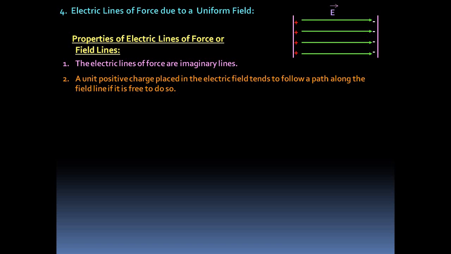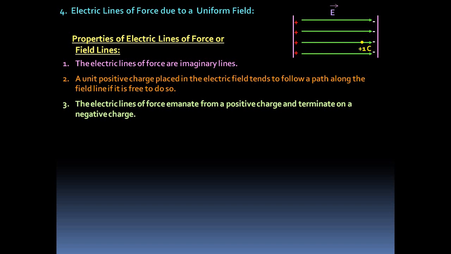If we take a unit positive test charge, then whatever path it follows will show the electric field lines. Number 3, the electric lines of force emanate from a positive charge and terminate on a negative charge. As was visible earlier, the electric field lines always start from the positive charge and terminate on the negative charge.